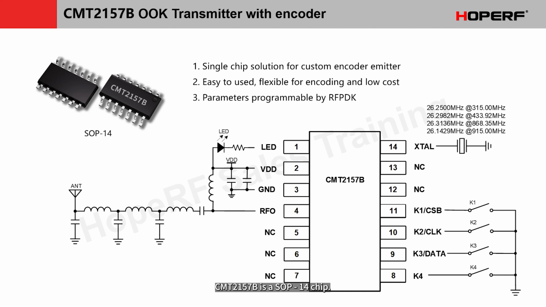CMT2157B is a SOP 14 chip. It has 4 independent button detection input pins. Can directly connect to 4 buttons. Like the CMT2157L, it belongs to the high-spec version of the series, so it also supports custom encoding. It is a single-chip solution that can implement a 4-button remote control.